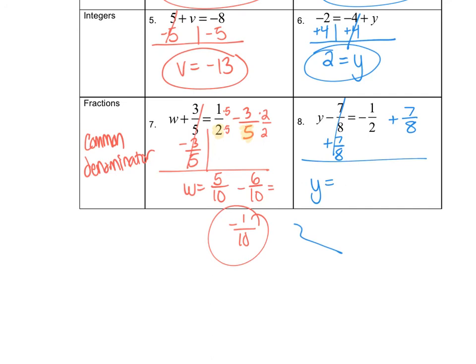So for this one, our common denominator happens to be 8 because I can make this 2 become 8 by multiplying by 4. So I'm going to make my common denominator 8 here, and it's a negative up top. And then 1 times 4 is 4, so we've got negative 4/8 plus 7/8. And when you do that, negative 4 plus 7 is 3/8 as a final answer.